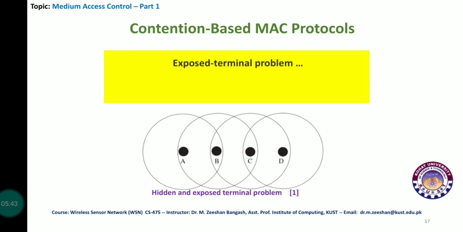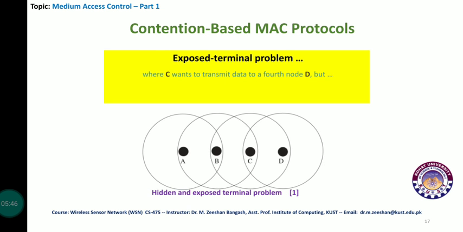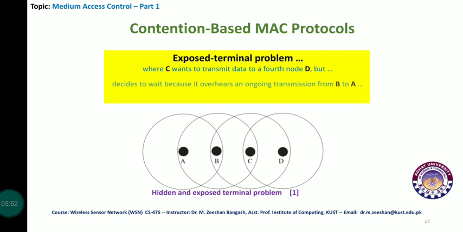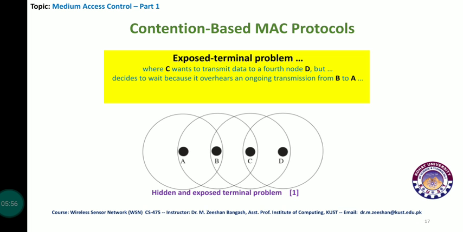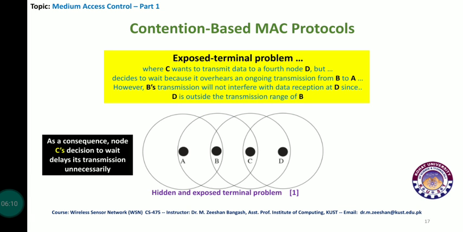There's another problem, which is the exposed terminal problem, where C wants to transmit data to D, but decides to wait because it is overhearing an ongoing transmission from B to A. B's transmission will not interfere with data reception at D, since D is outside the transmission range of B. However, C waits because it overhears that there's an ongoing transmission from B to A. So as a consequence, node C's decision to wait delays transmission unnecessarily.